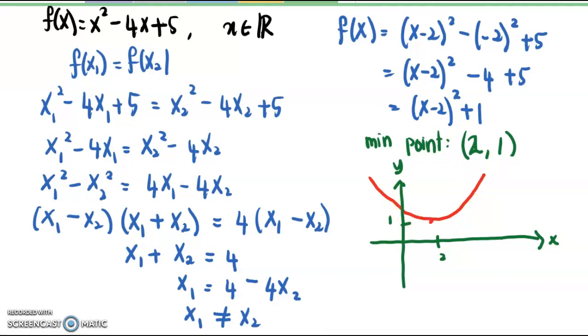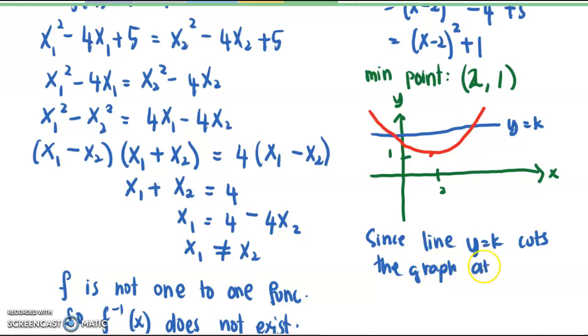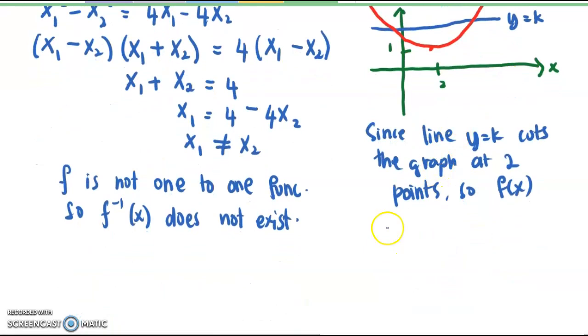Okay, and then kita draw a horizontal line. Let's say y equals to k. Okay, so kita buat conclusion. Since line y equals to k cuts the graph at 2 points, so f(x) is not one-to-one function.